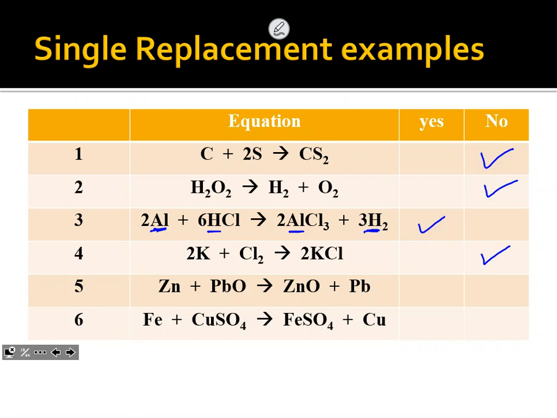How about number 5? Number 5 is a yes. Good. Is this one cation or anion? Which ones are switching? Cation or anion?